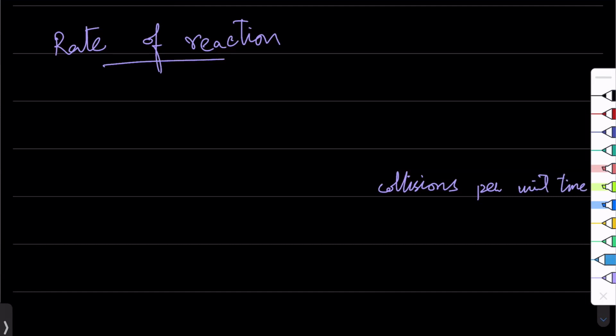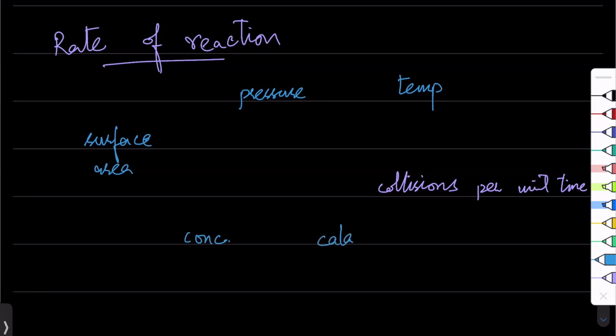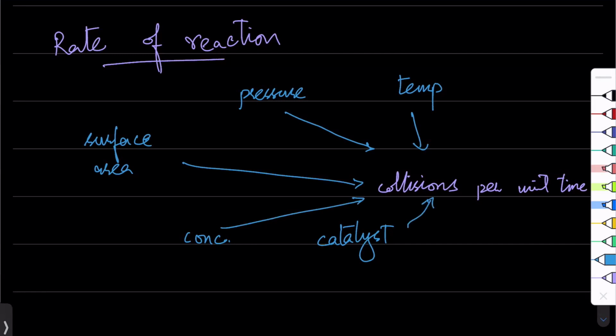So there are 5 factors in there: temperature, pressure, surface area, concentration, and catalyst. Okay. So all of them affect effective collisions per unit time. But do you know how they do that, and how you can see that in a reaction or in the lab? So let's talk about them one by one.